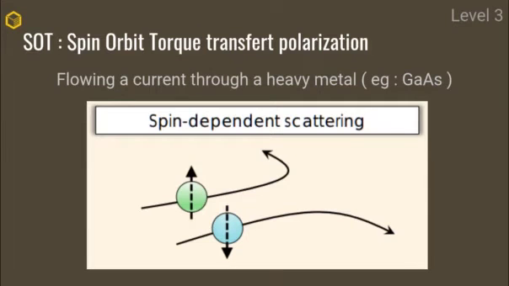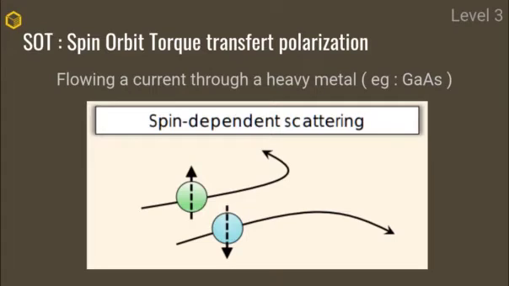Okay, so that was STT-MRAM, and then let's look at our second MRAM type called SOT-MRAM. Also, this works on the principle of spin-orbit torque for transfer polarization. The idea you need to understand is that in certain types of metals, namely heavy metals, the scattering of the polarized electrons is asymmetric.